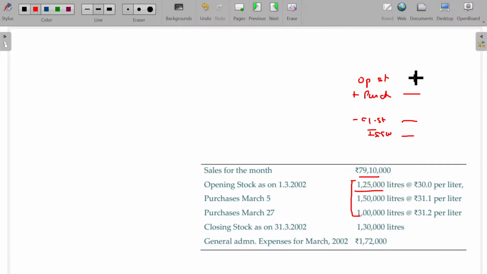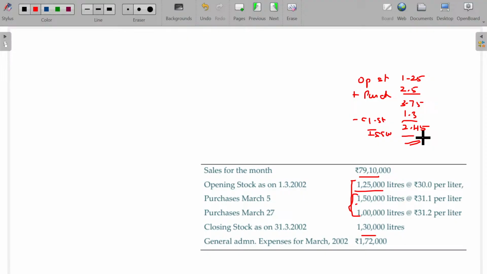Opening stock being 1,25,000, purchases being 2.5 lakhs, 3.75 lakhs, and we have closing stock being 1.3, 2.45 lakhs may be the issue.